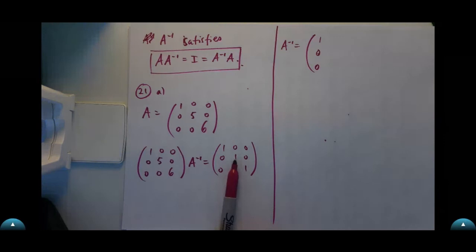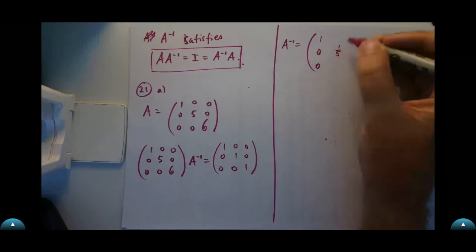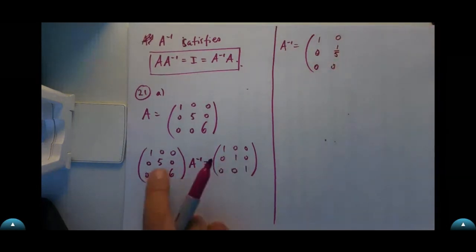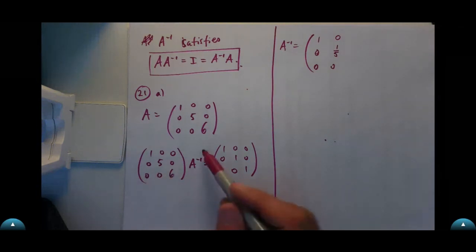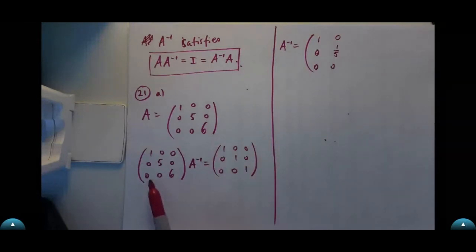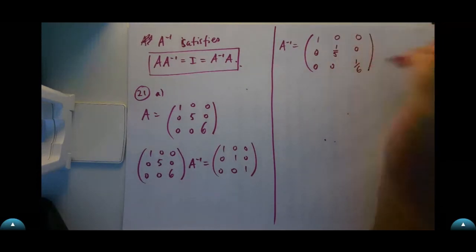So that times that needs to add up to 1. Obviously you've got a 0 here and a 0 here, so the most important element is right there, because 5 times 1/5 will give you 1. Lastly, this row has to multiply by the third column and give you 1. So 0, 0, and 6 times something has to give you 1. So it's going to be 0, 0, 1/6.